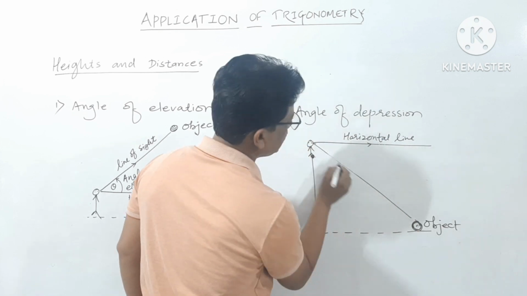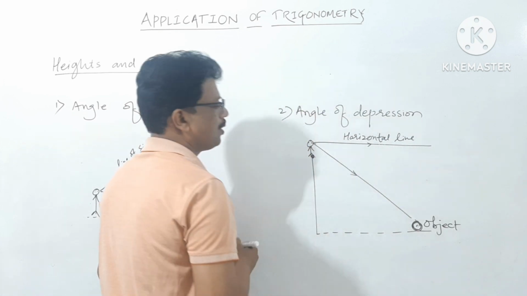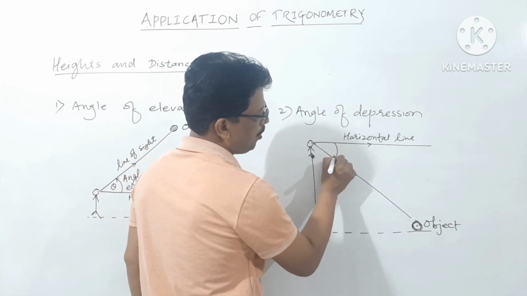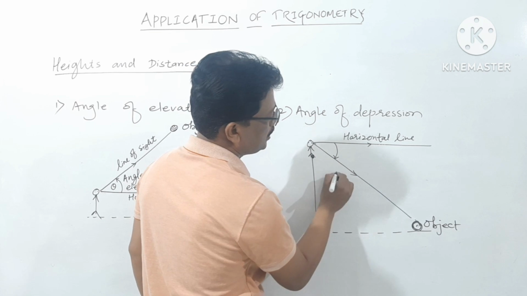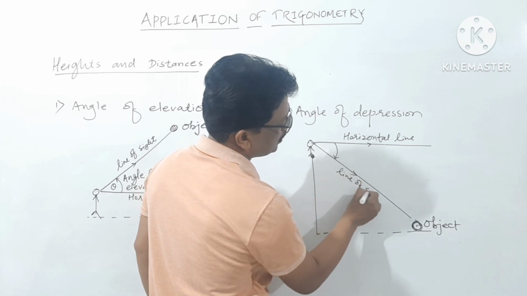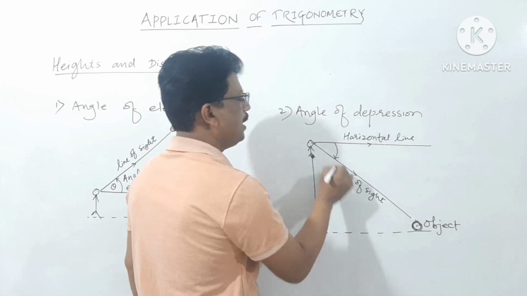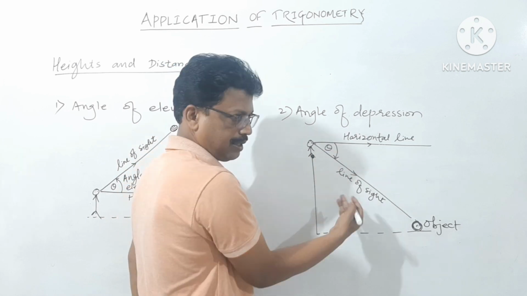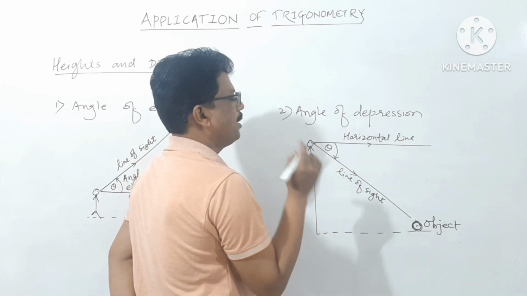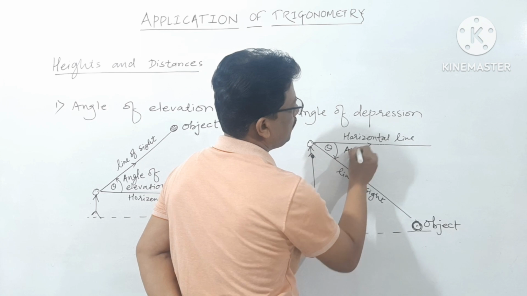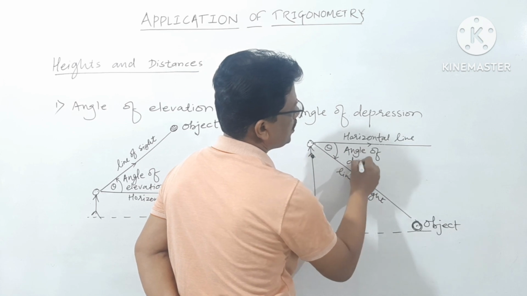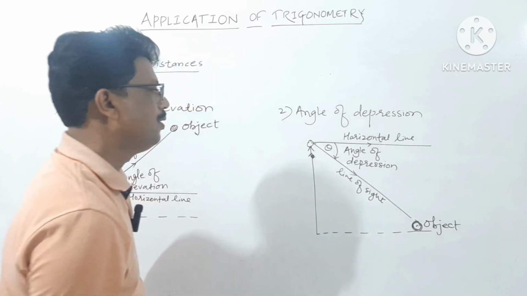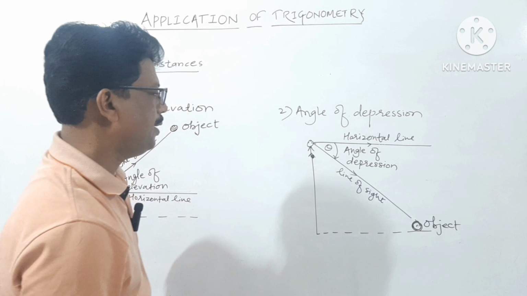He will look at the object like this, and this is the line of sight. The angle made between the horizontal line and the line of sight is called the angle of depression.